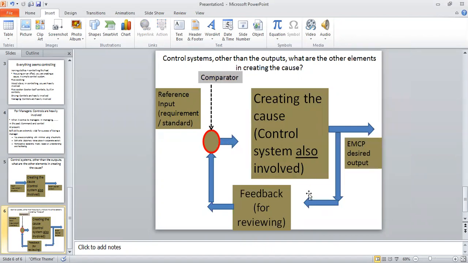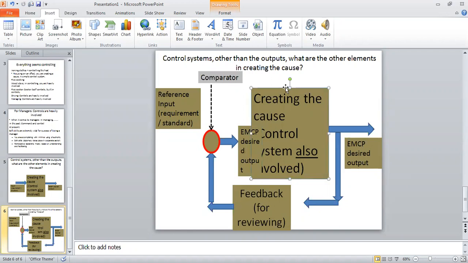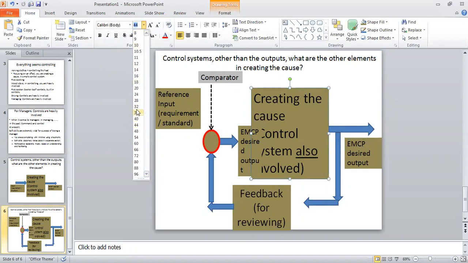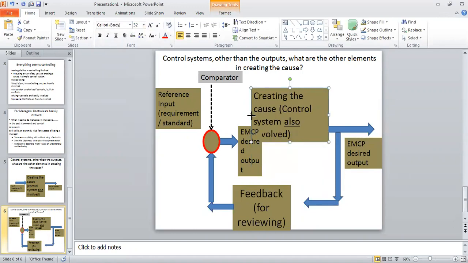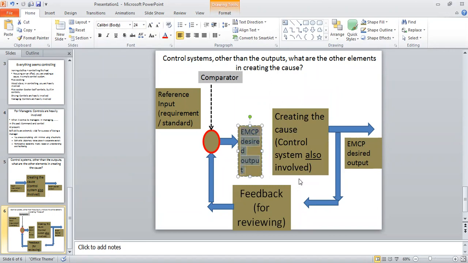Then after that there can be another element, because after comparing you have to comment on this. Based on your observation, you have to comment on this. That is very important. Comment. This can be passing a command if there are things to be rectified.